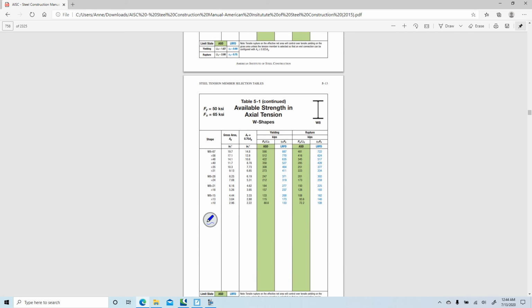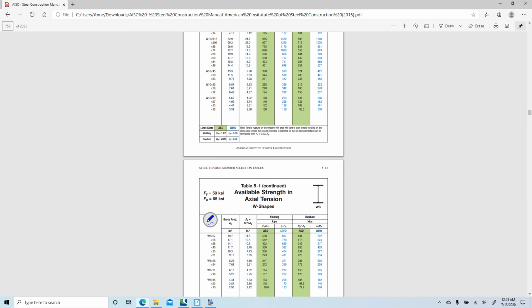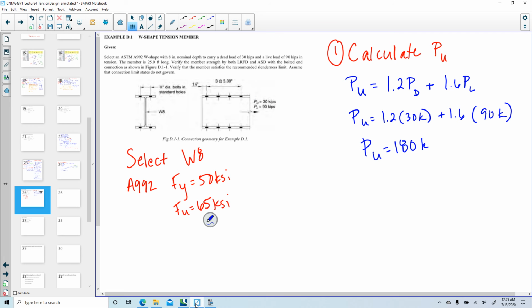Let's see, right? It kind of tells you in the corner. W8, so in the 15th edition, this is page 5-13, and I need to find something that'll carry 180 kips.